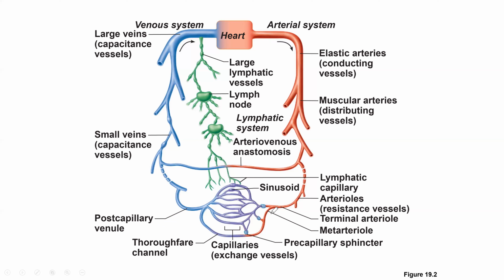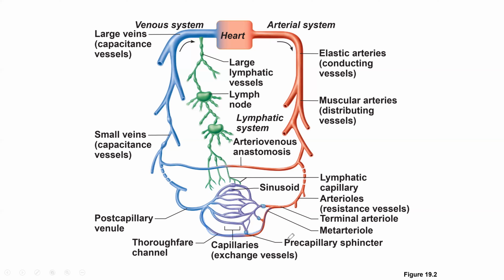metarterioles are actually, so if you look here, this is called a capillary bed. And at the point where we have these terminal arterioles, we have sphincters, right? And when the sphincters are closed, then the blood doesn't need to flow through this capillary bed. It can go from arterioles to venules.